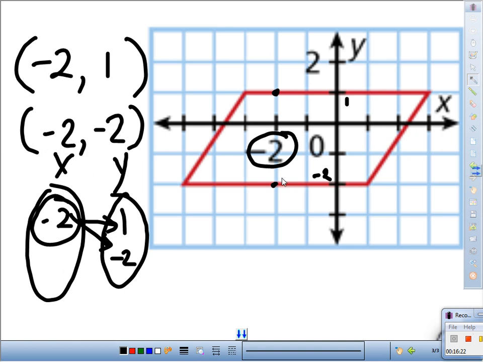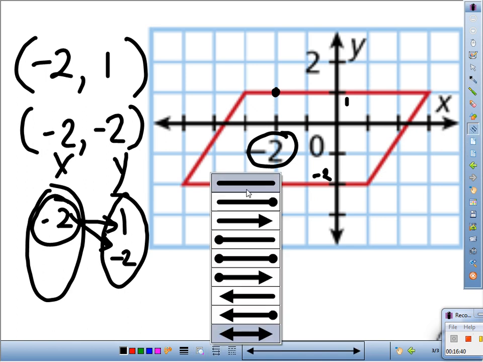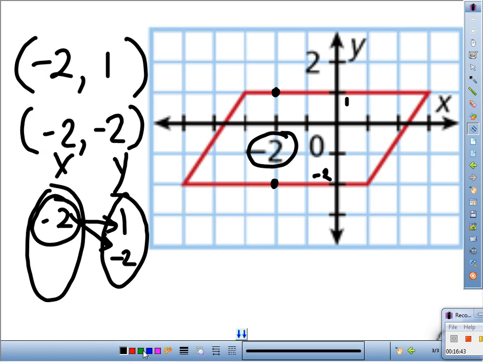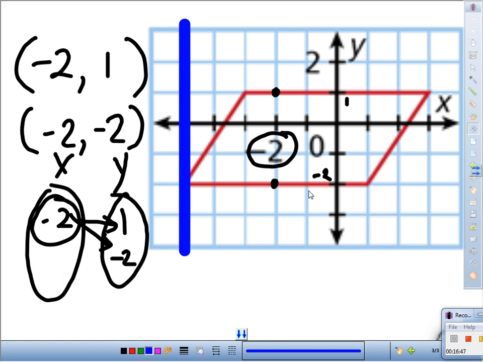Now, another way of looking at it, look up, please. Here's a point. Here's a point. Something that we call a vertical line test. Let me show you a vertical line. Let me make this a little bit bigger. I'm going to use blue. Here's my vertical line.